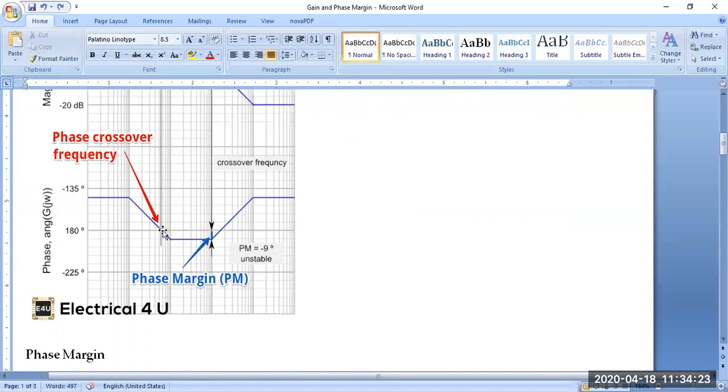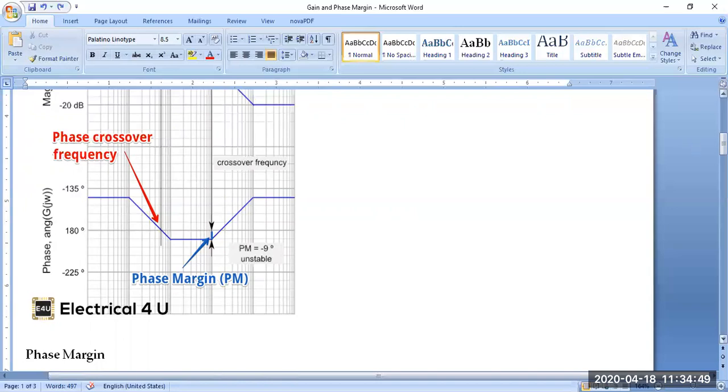Phase crossover frequency is such a point on the phase plot of the Bode diagram where the phase plot cuts the 180 degree line.